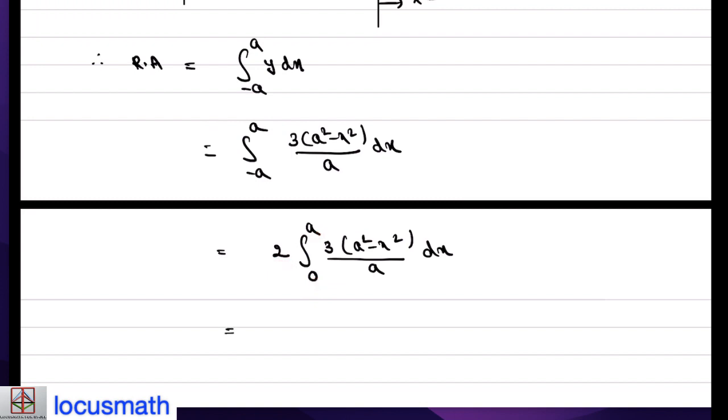Now this is equal to 6 times the integration from 0 to a of a squared minus x squared over a dx.